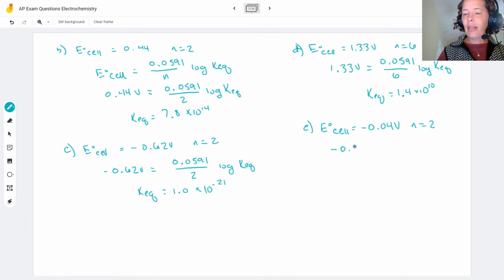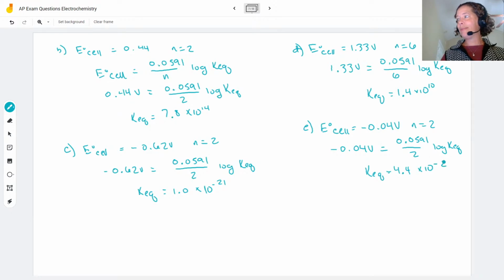So we've got a negative value is equal to 0.0591 over 2 log Keq. And so our Keq is 4.4 times 10 to the negative second. Okay, great.